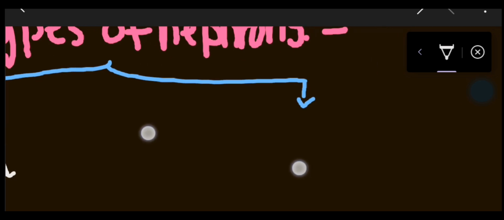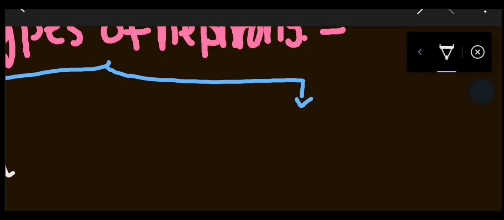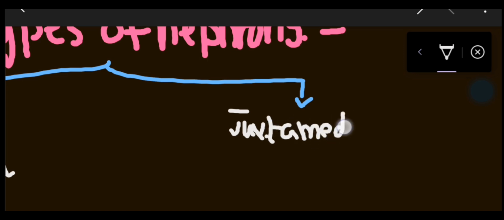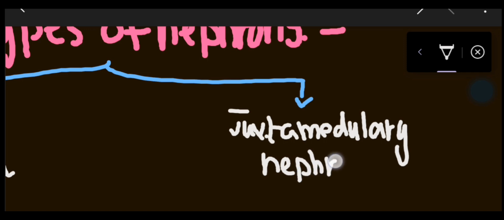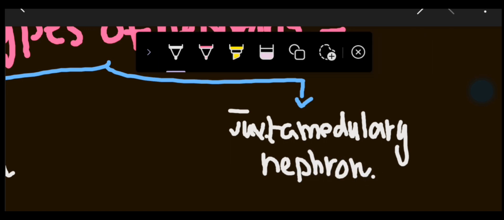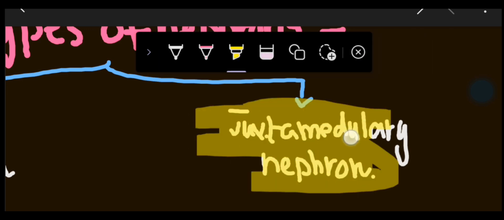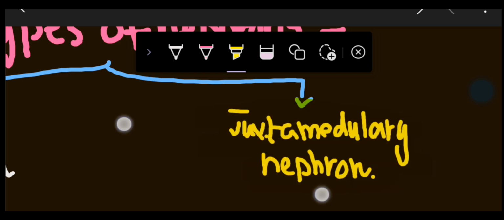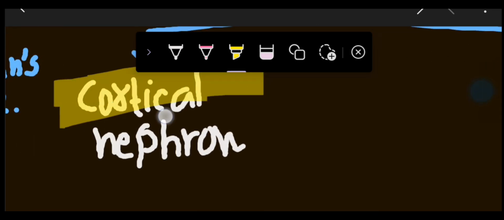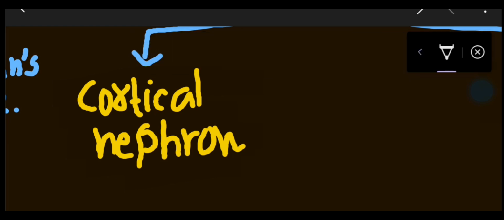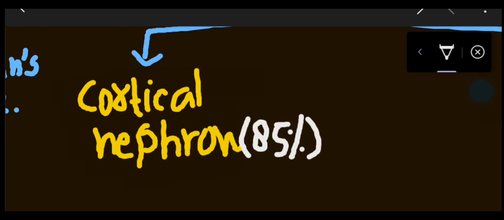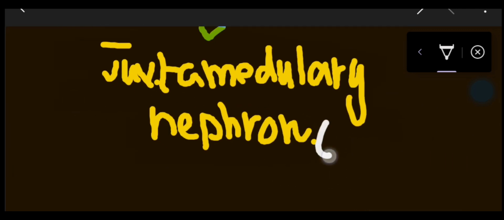The other is the juxtamedullary nephron. If I mark the percentage of these two, the cortical nephron in our body is basically 85%, and the juxtamedullary nephron is 15%.